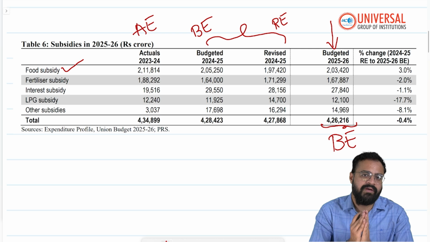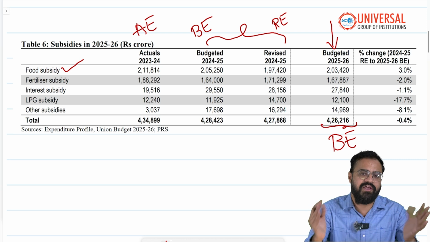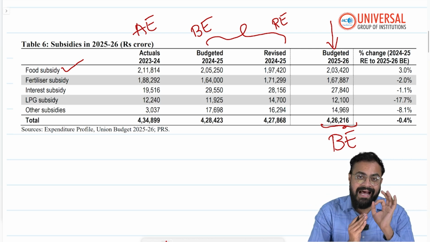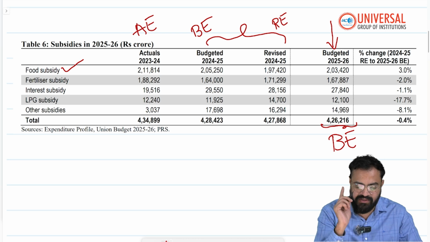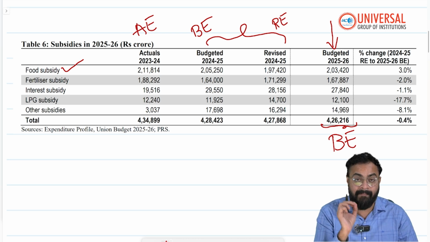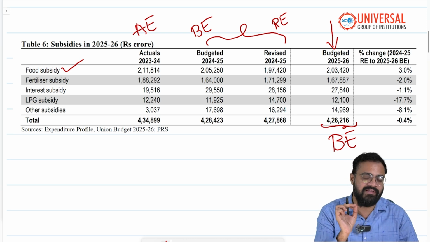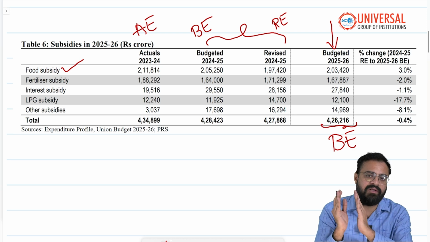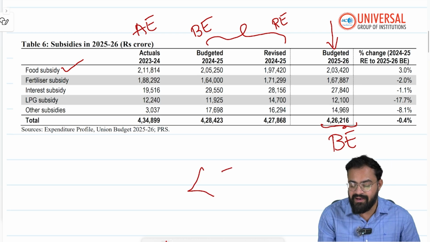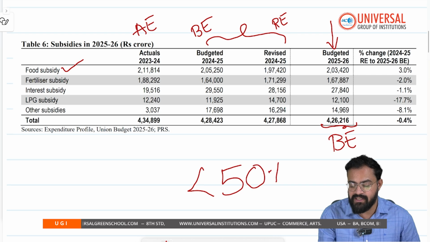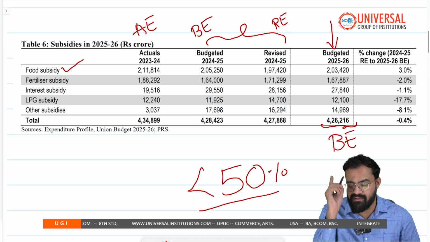Now, under Pradhan Mantri Garib Kalyan Anna Yojana, the Union government is distributing all these free of cost. So the largest chunk of this subsidy goes towards food subsidy, that you need to remember. But that food subsidy is not more than 50%, rather it is less than 50%.